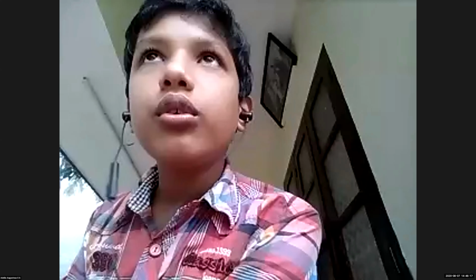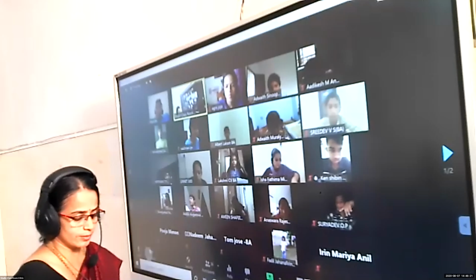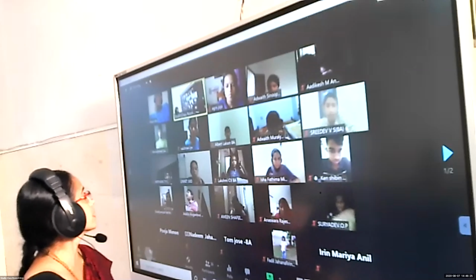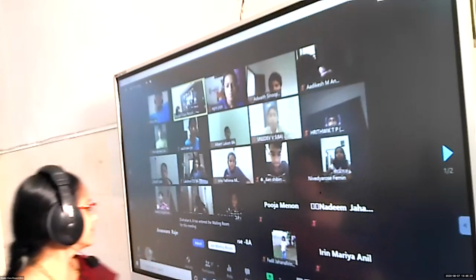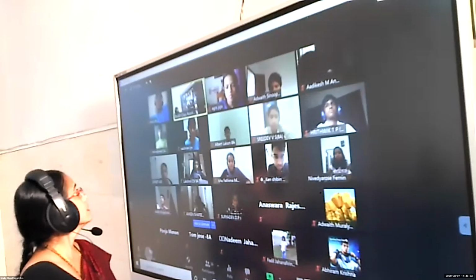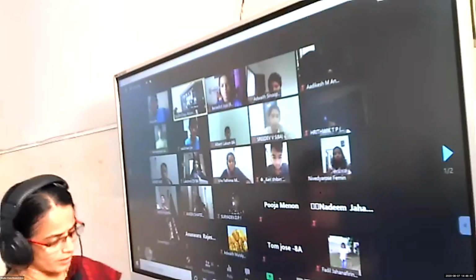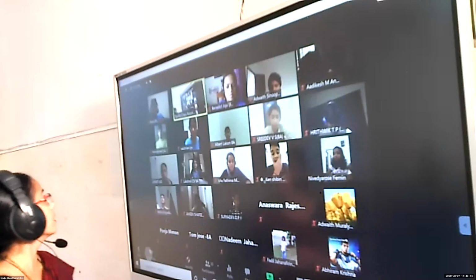Nivedya, area of a general quadrilateral. Half into h1 plus h2. Area of a general trapezium, Nivedya.